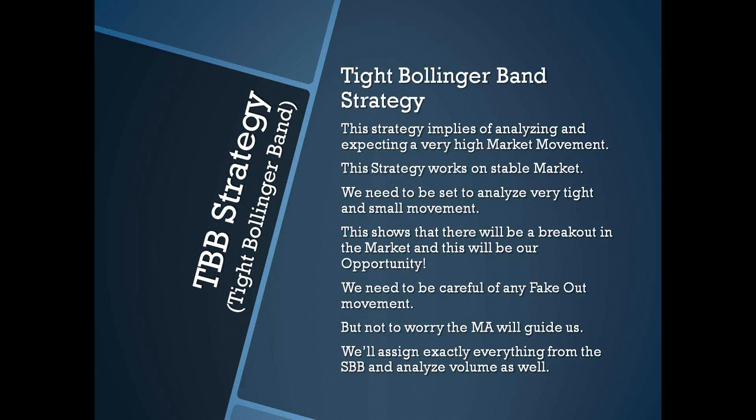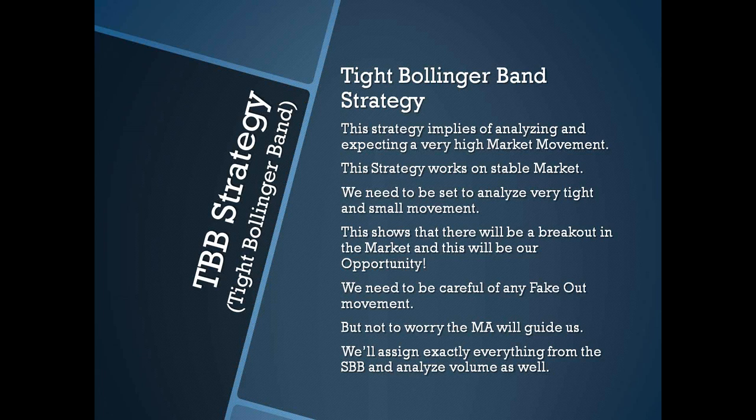Now the question is, why is it so tight? The strategy works on a stable market, and you'll know exactly what a stable market is. We need to analyze very tight and small movement. This shows that there will be a breakout in the market, and this will be our opportunity. And I'll show you exactly what I mean by that.